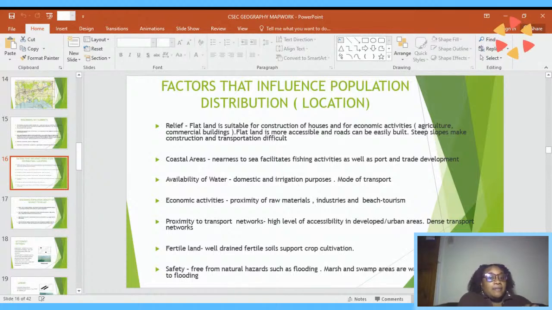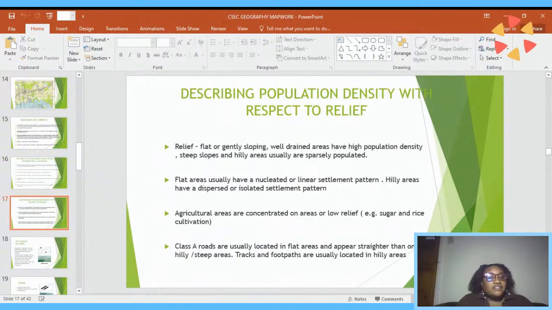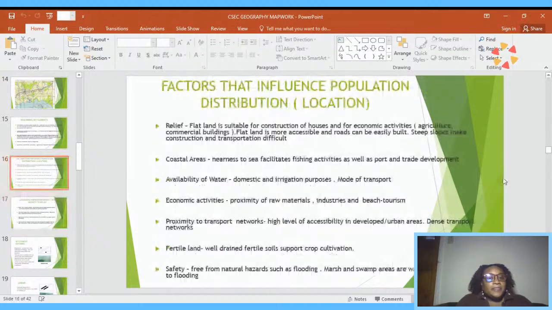Fertile land. Of course, people are going to locate where, especially in countries that have a high agricultural presence, and in the Caribbean, farming is important for some of us. So we're going to locate in areas that have very nice fertile land, right? And then, of course, you're going to locate in an area that is safe. You don't want to locate on marginal areas.